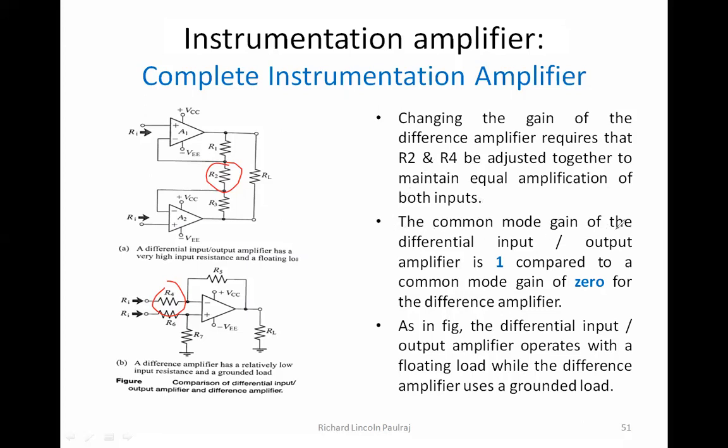Now, the common mode gain of the differential input output amplifier is 1. Remember, when we gave common mode, I connect both of these inputs and give one single input, so that makes a common mode. In that configuration I'm looking at the gain as 1, because ACL was equal to 1.